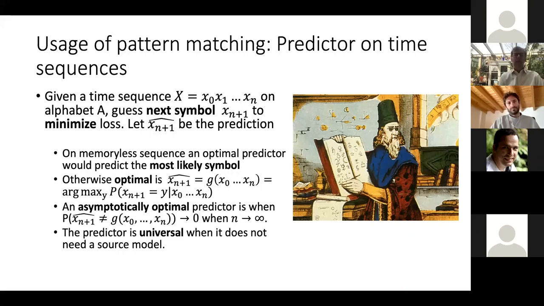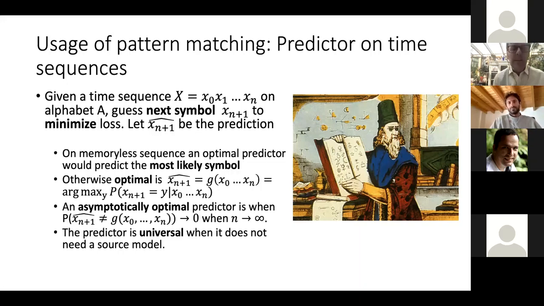Otherwise, the optimal is more complicated. You have to consider, given the past, the sequence of symbols before X(n+1), which is the most likely. And of course, this will change if we describe the sequence one by one, because if you don't have a memoryless sequence, there is an effect from the past weather on the future weather.